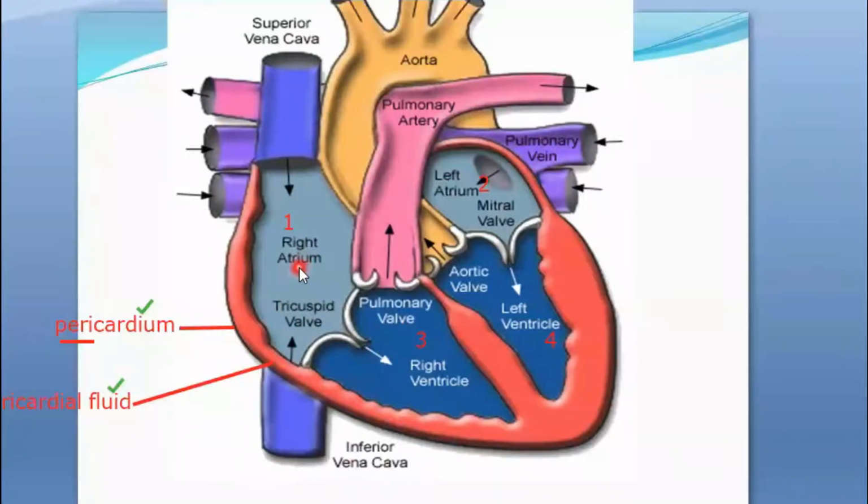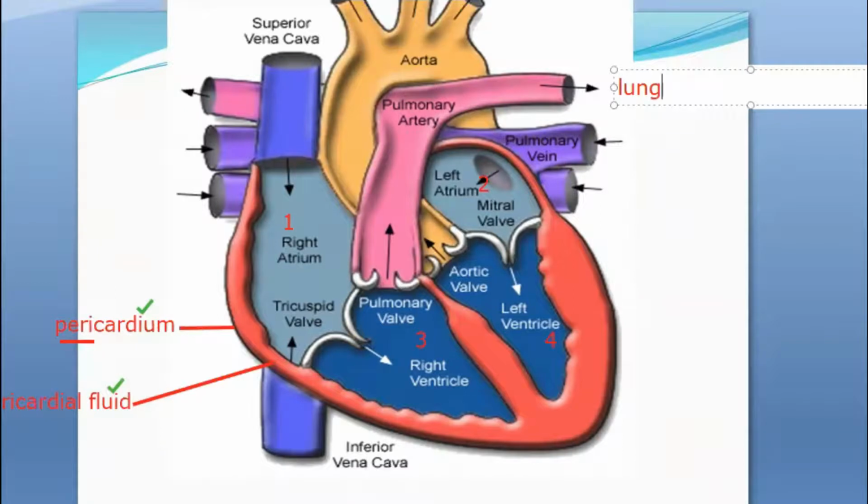Okay. Then from the right ventricle, another blood vessel arises, that is known as the pulmonary artery. The word pulmonary means lungs. So that blood vessel brings blood to the lungs.